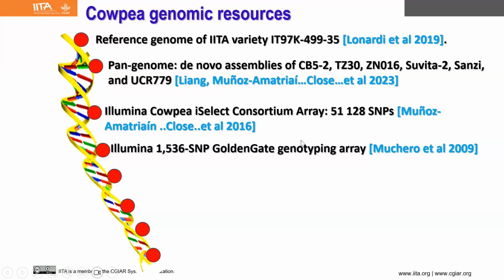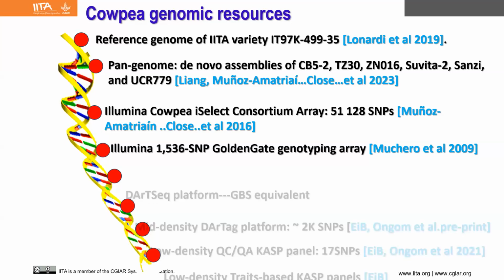In line with this effort as well, there has been development of genotyping platforms, and one that Dr. Timothy mentioned is the iSelect array, which has about 51,000 SNPs that has been exploited a lot in the cowpea breeding program for mapping traits and other applications. There's also another set, the Golden Gate array, that is available with about 1,000 SNPs.